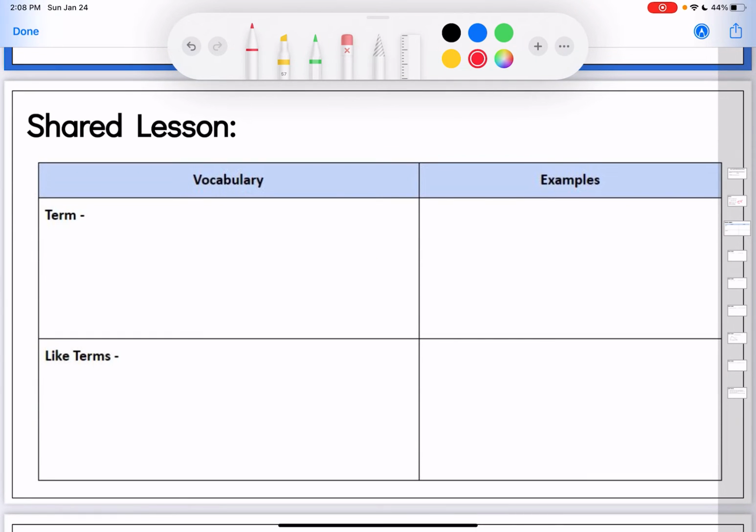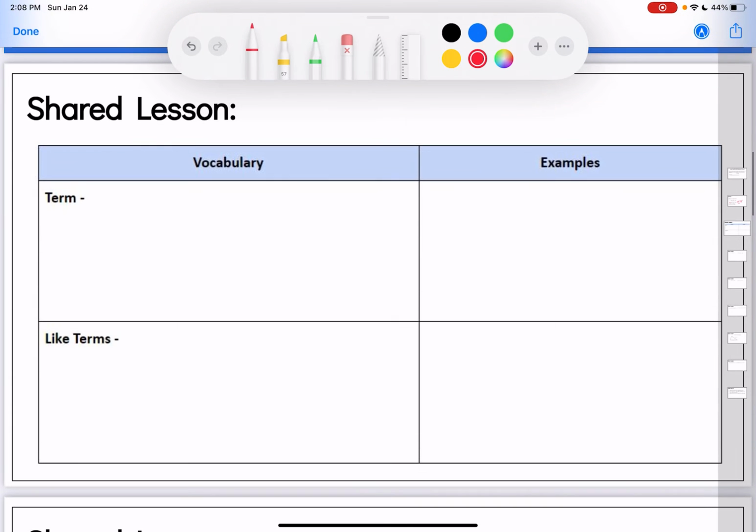So just a tiny little bit of vocabulary today. I know we hit the vocabulary really hard yesterday with all of our polynomials. So just reviewing, we kind of briefly touched on it yesterday. But if I'm talking about a term, that is considered one of the monomial parts of a polynomial.